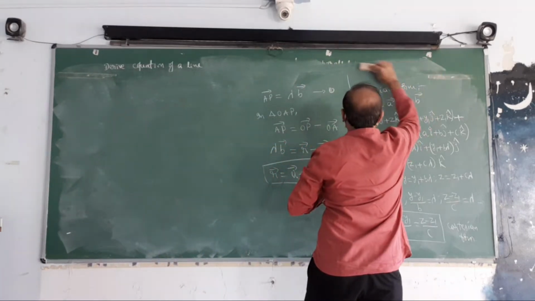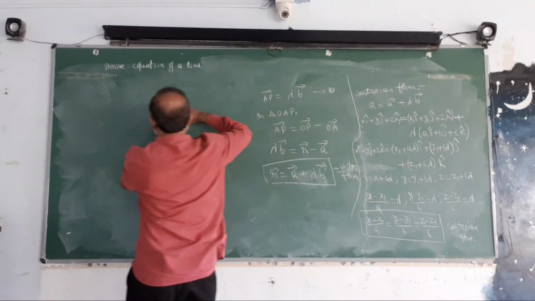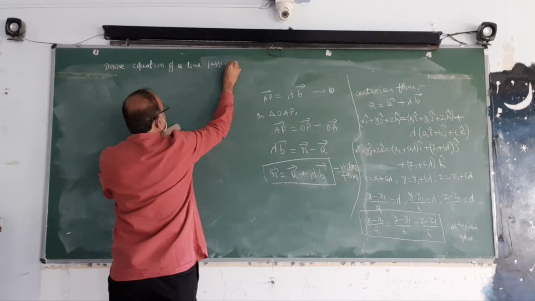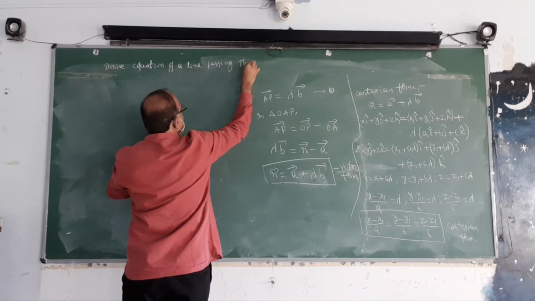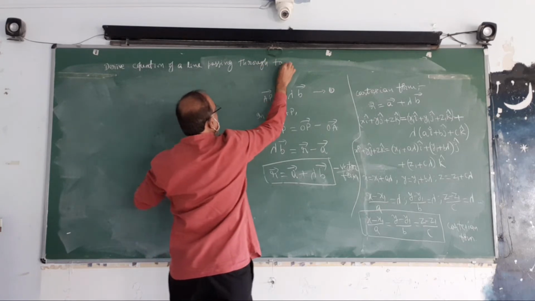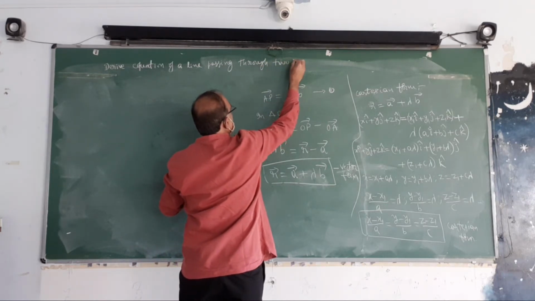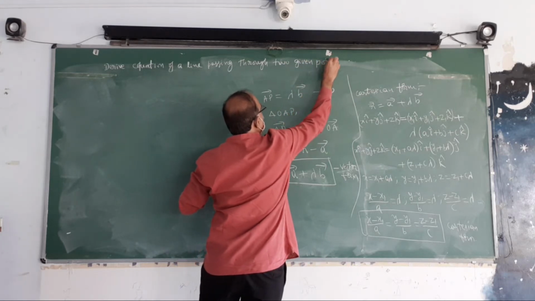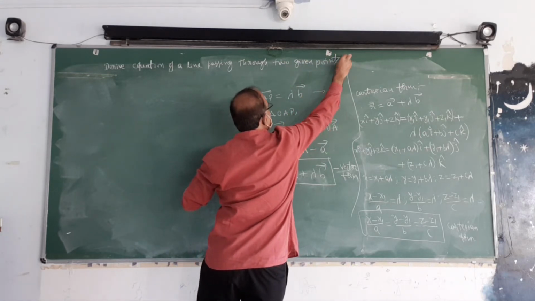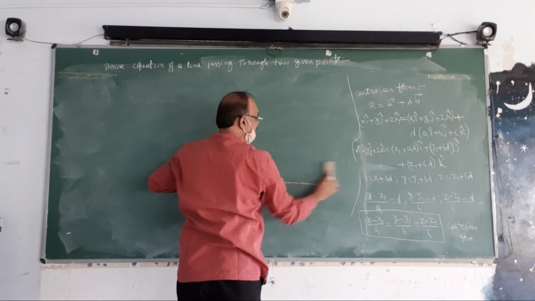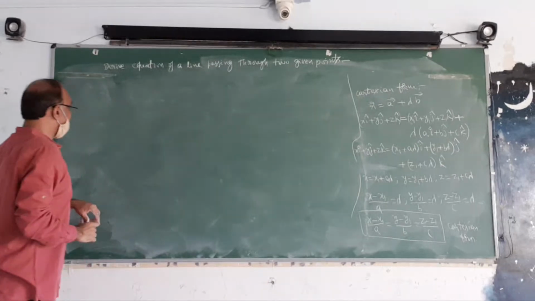Here one point and one direction is given, but here we need the equation of a line passing through two given points. So here 2 points are given for you. From that we need to derive the equation of the line.